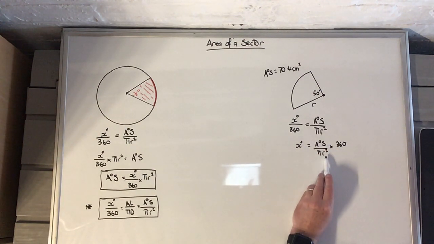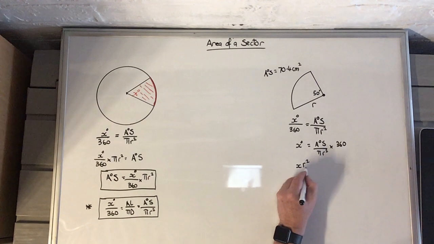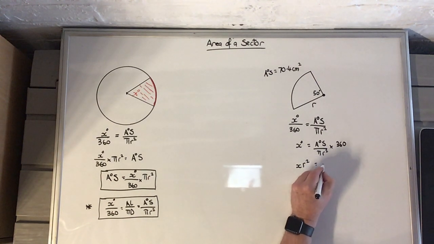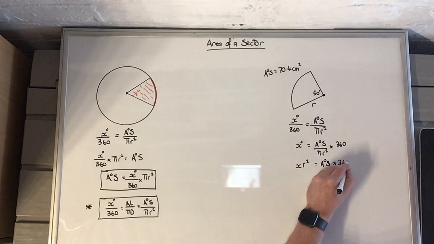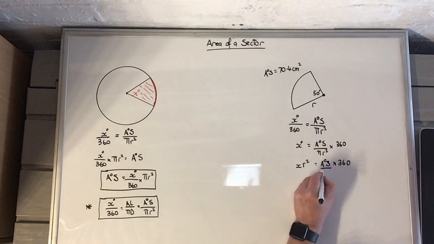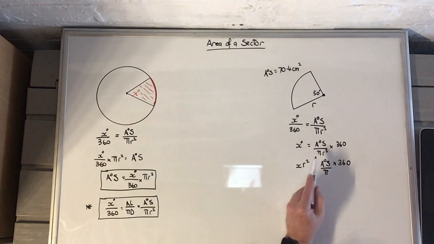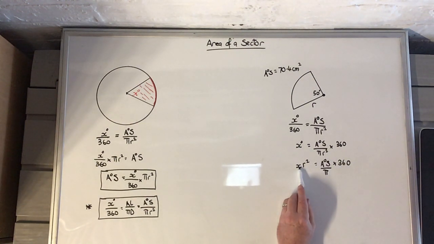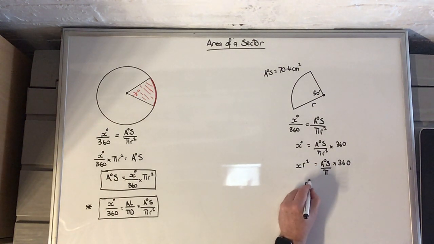I'm then going to multiply through by r squared. So multiplying through by r squared, that's x degrees r squared is equal to area of the sector times 360 over pi. I didn't move pi, I've only multiplied through by r squared. And the last wee bit, we want to get rid of the x there, so we're going to divide through by x.